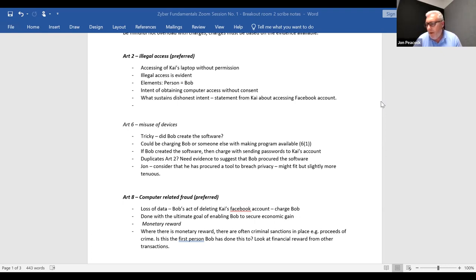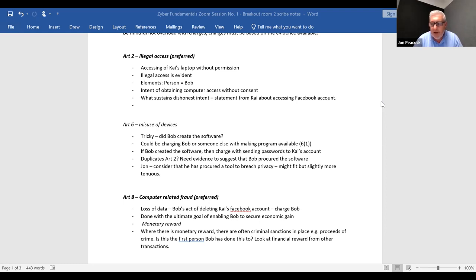I think there are opportunities. Again, you mentioned a couple of different charges, so it doesn't have to be the single charge. It can be the illegal access of the device by using the hacking software, but also using the passwords harvested from that to access the Facebook. So I would think that in most cases that would sustain that charge.